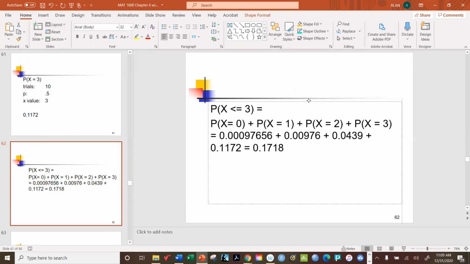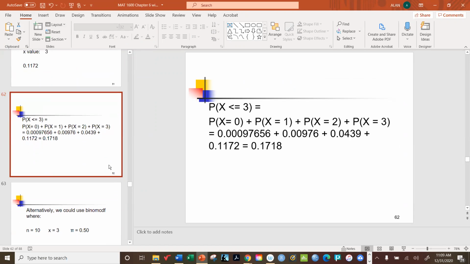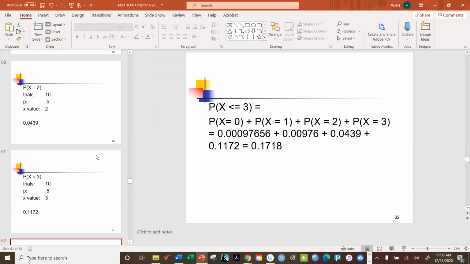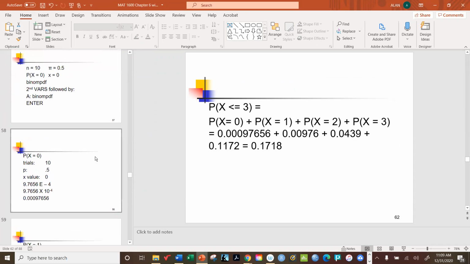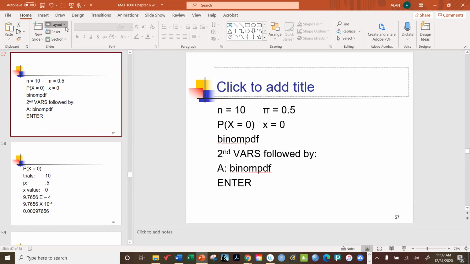Now, suppose we say to ourselves, we don't want to go through all these steps. So we're going to try Binom CDF.